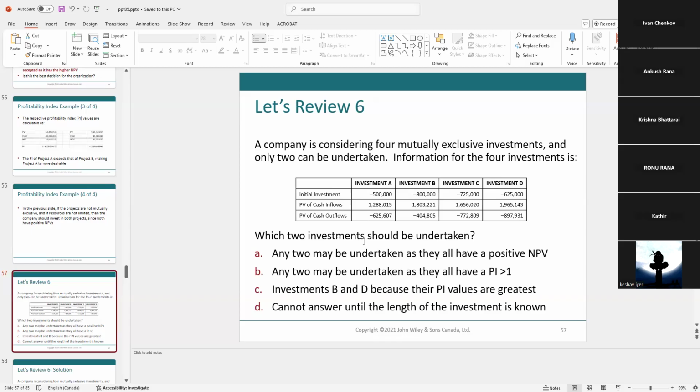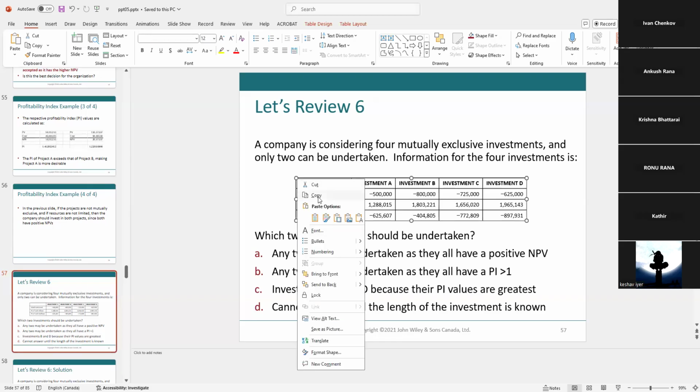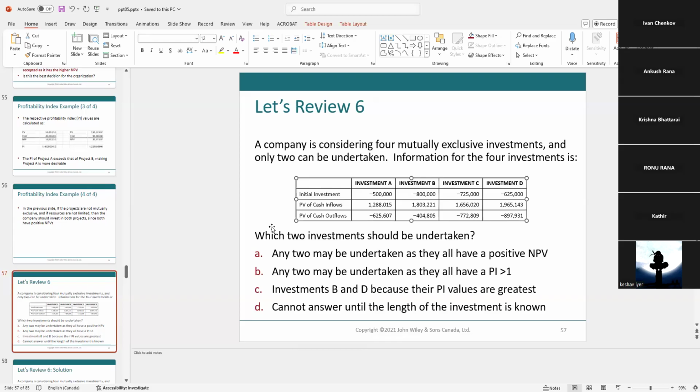Which one are you going to reject? Which one are you going to accept? What's the number that we're chasing here? Do we care about the present value of the cash inflows?